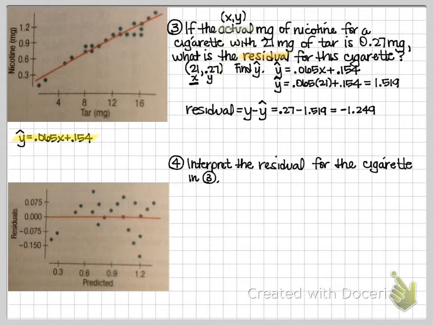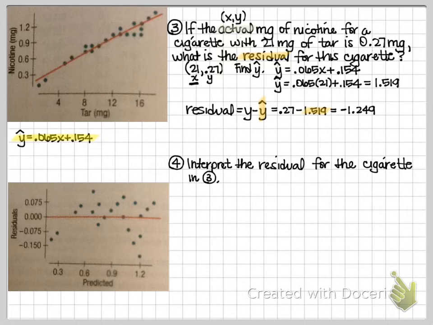Okay, now on question number 4, we want to be able to interpret the residual. When we think about the context here, we already know what the residual value is. It was the negative 1.249 that we calculated on number 3. Now, if the residual is negative, then if we go back to the equation, y minus y hat, that means that the y hat part of it is actually bigger than the real value.